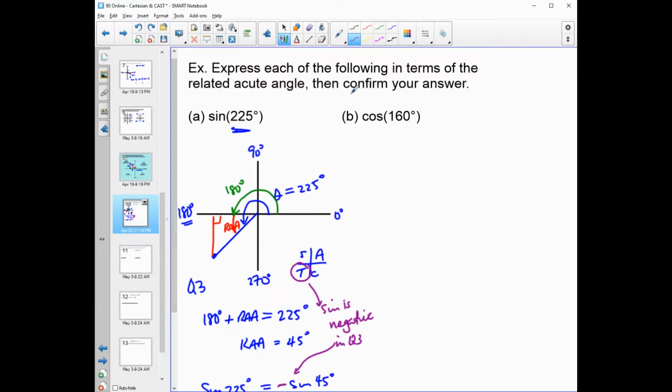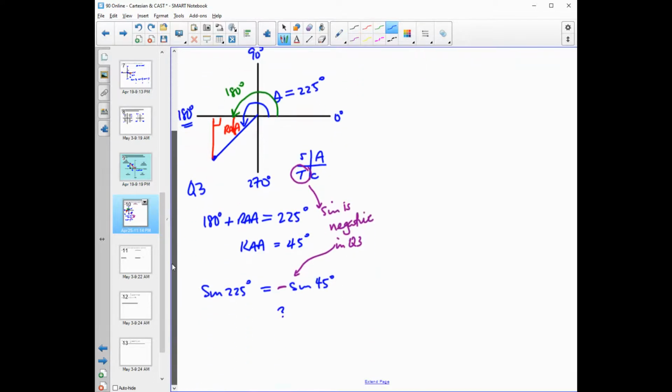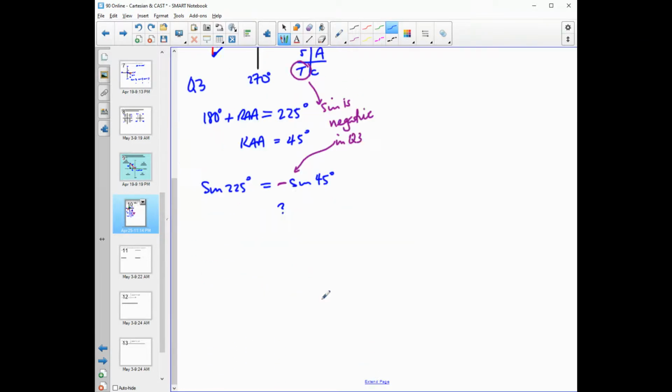And then in the question it says to confirm your answer. So to do that, we'll just do a quick left side, right side check. So the left side is equal to the sine of 225 degrees. And I've got my calculator here. Make sure your calculators are in degree mode. And then I take the sine of 225, and I end up with negative 0.7071.